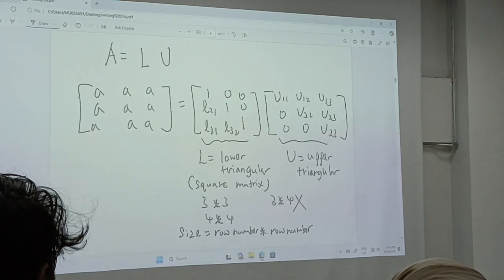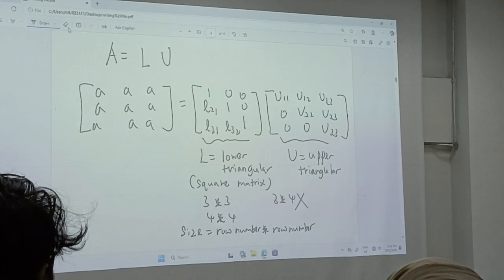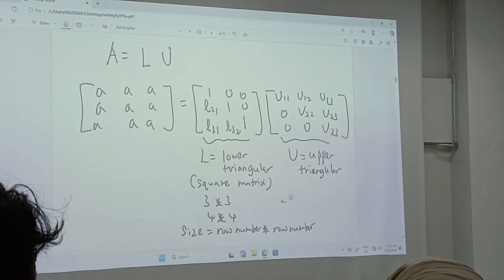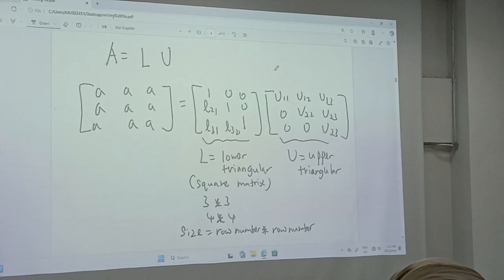Okay, so in this case it's 3 times 3. Then this upper triangular, right?